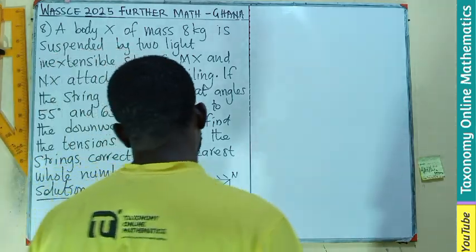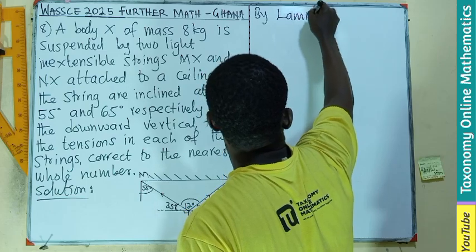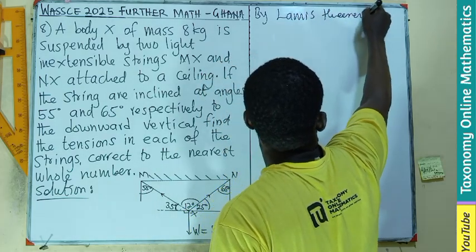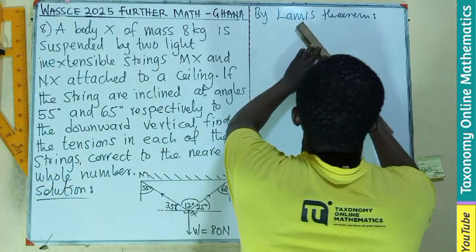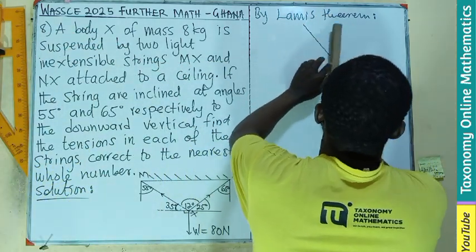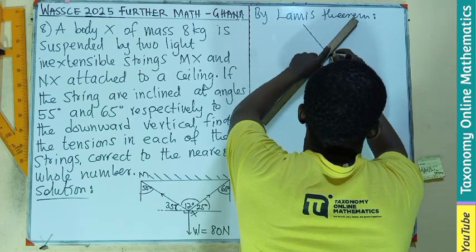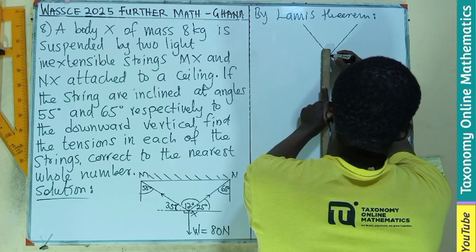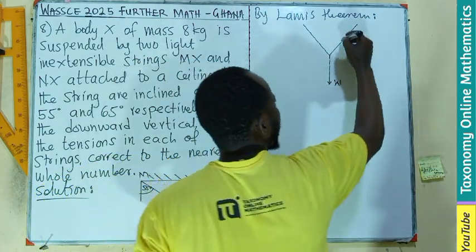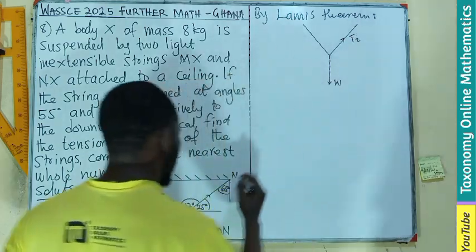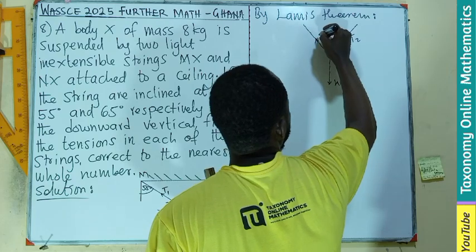So if we want to resolve this by, let's say, Lami's theorem, we can resolve these forces in this form, not drawn to scale. So we can have here as W, we can have here as tension 2, and this is tension 1.